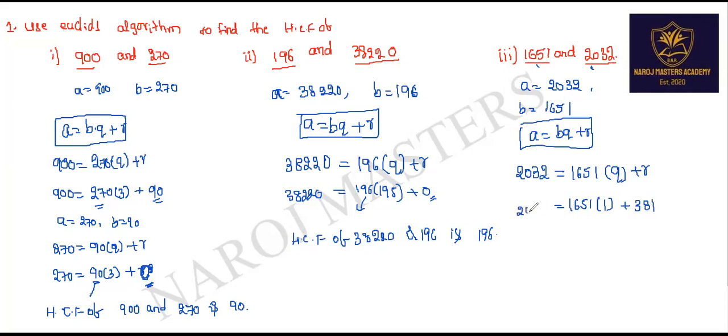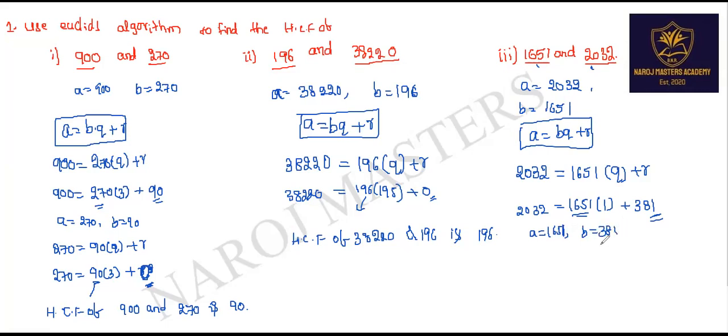If you see here, R is not equal to 0 here, then take this value and this value. Out of these two, which one is greater? 1651. So A is equal to 1651 and B is equal to 381.